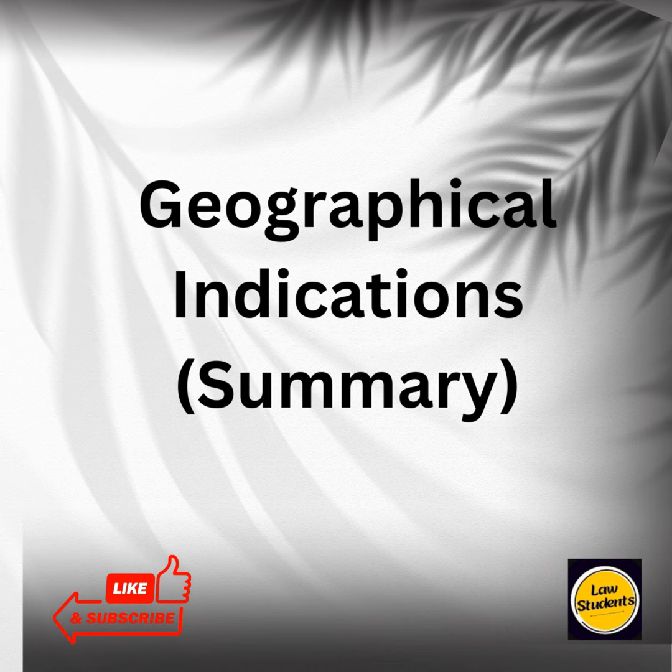Under the Act, agricultural, natural or manufactured goods originating or manufactured in the territory of a country or a region or locality in that territory where a given quality, reputation or other characteristics of such goods is essentially attributable to its geographical origin, and in cases where such goods are manufactured goods, one of the activities of either production or of processing or preparation of the goods concerned takes place in such territory, region or locality, are registrable as a geographical indication.